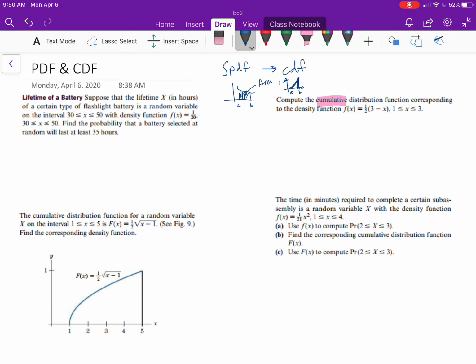Now, because the cumulative is adding them up at each point, then really it's the integral of this graph, the area one, the probability density function.